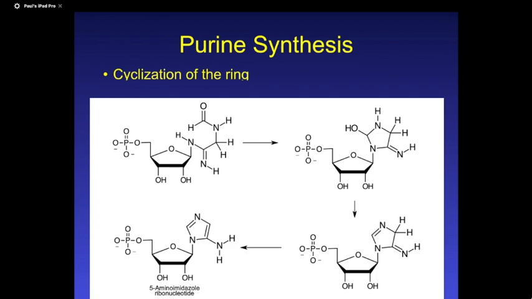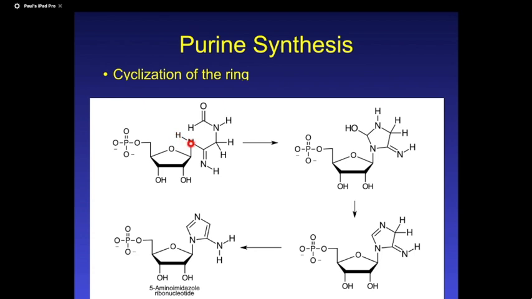All right. In this case, you can see we are going to close the ring. So there's a ring structure here, okay? And so that means something has to connect, and so what connects is this nitrogen has no hydrogens, this nitrogen has a hydrogen. I've got to get rid of that.